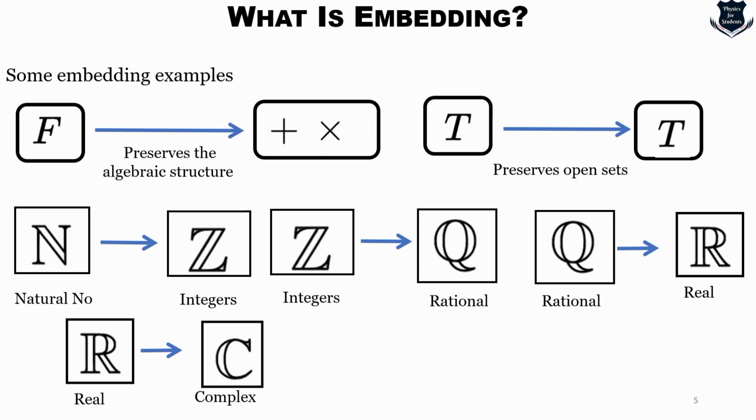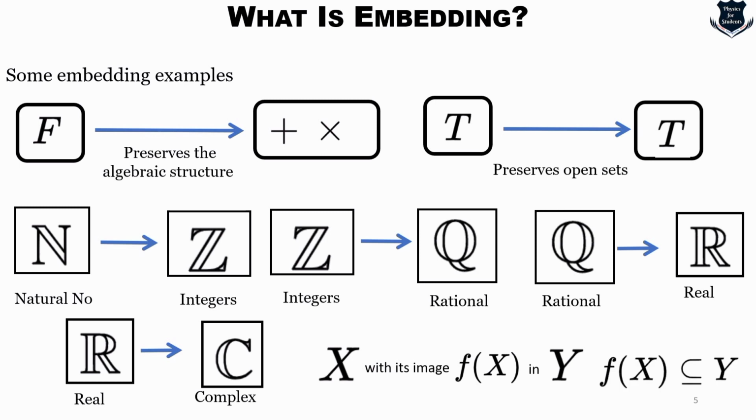So for example, the real numbers, the complex numbers, and in such cases I can say that it is common to identify the domain of X with its image F of X, which is contained in Y, so that this is true. This is simple, right? Okay, so this clears the concept of embedding.